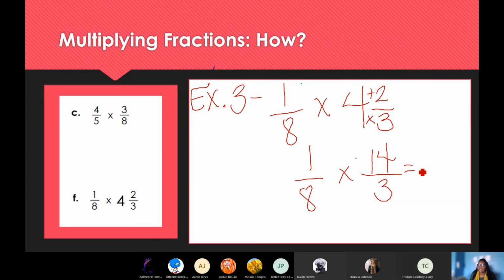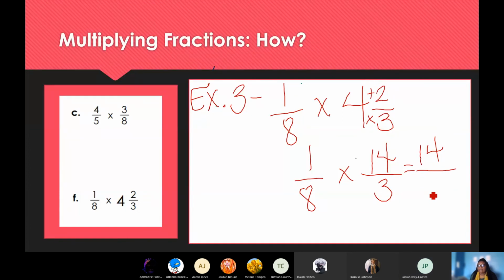What is 1 times 14? 14. 1 times 14 is 14.